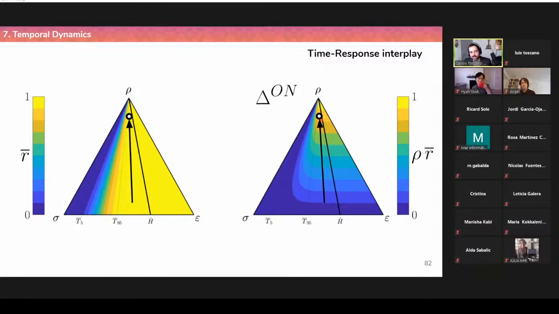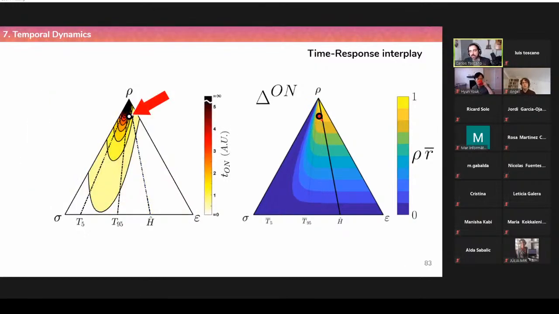But wait a second, not so fast, because the fact that you have placed your culture close to the top vertex means that it will take longer for the receptor strain to reach equilibrium. So this would be an ideal case if you're expecting the time scale of your inputs to be long, right?